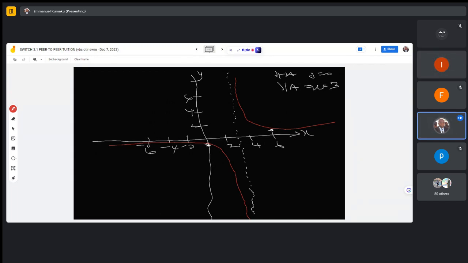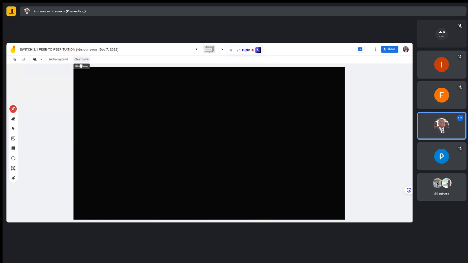For the graph, you have to sketch the asymptotes we have obtained. So we have our horizontal asymptote of y is equal to 0, and vertical asymptote s is equal to 3.